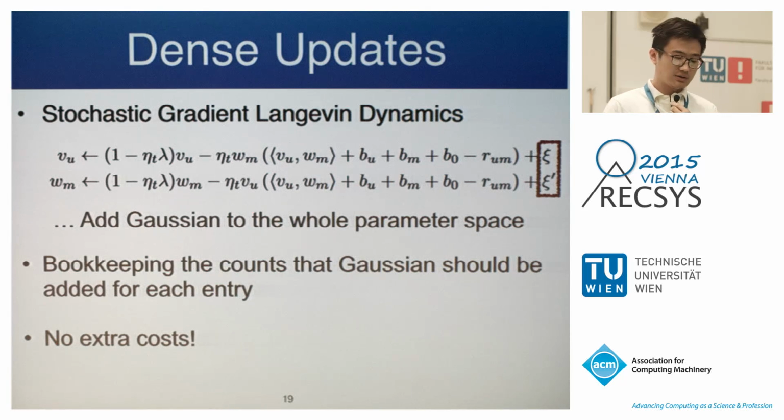for each update, you need to add a Gaussian to the whole parameter space. So this is quite expensive if you have a large matrix U and large matrix V. So we bookkeep the counts of how many Gaussians should be added to each entry.